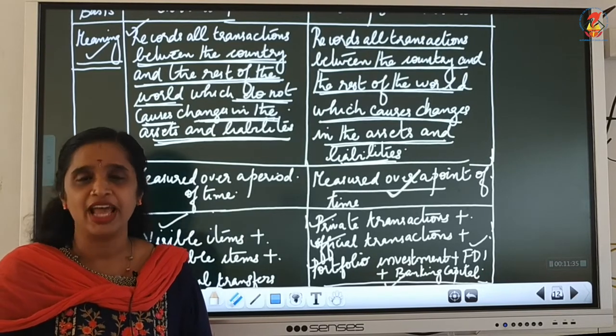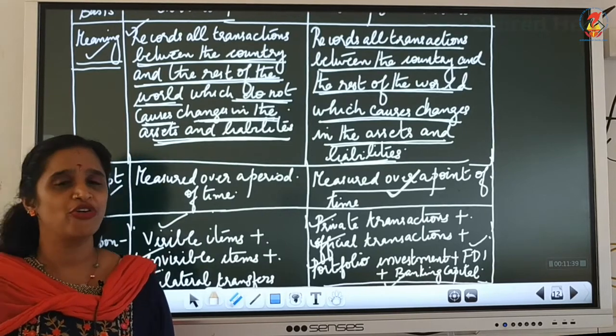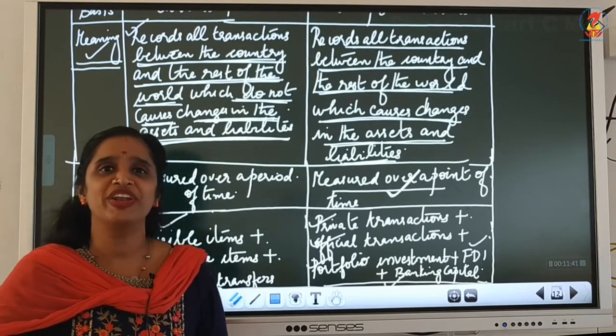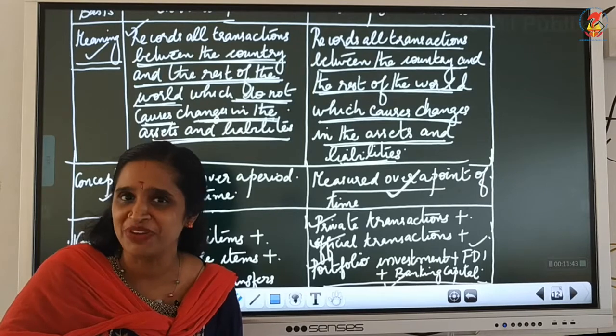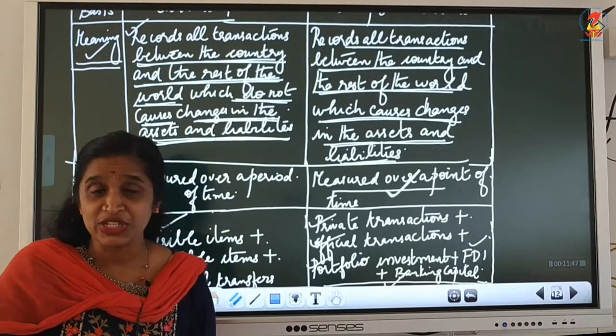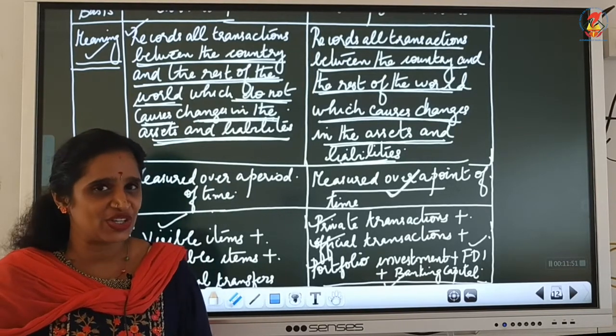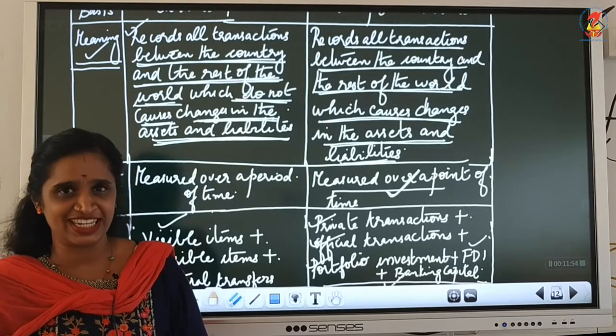RBI sells and buys the foreign exchange reserves from the foreign exchange market whenever the situation is favorable for them. Investments are done whenever the situations are favorable for the investors. All these can cause change in the assets and liabilities.